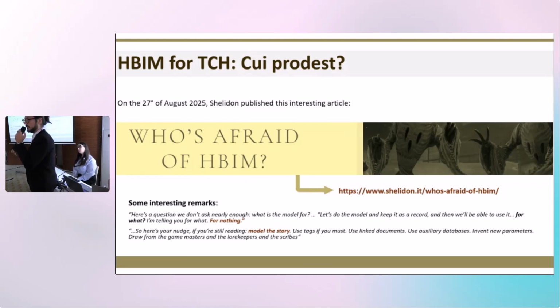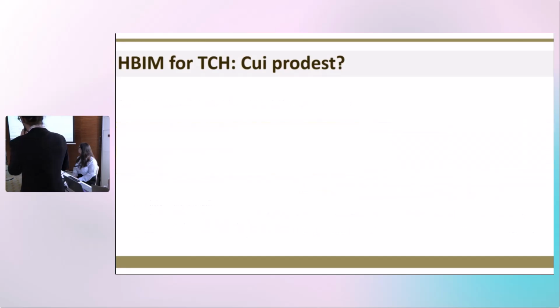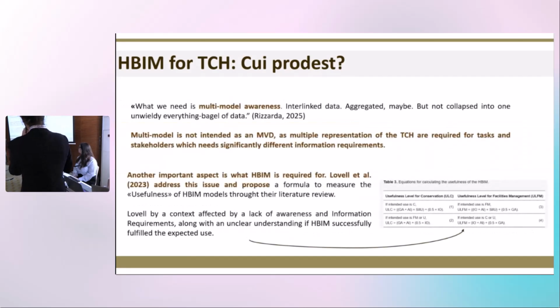What are we doing with this super detailed model if the end user can't use it? This is a very nice article, I suggest you read it, because it helped us be a bit more critical about HBIM, which, compared to a BIM model, requires survey data, and so we have a very good source for providing new information. But what is its use?